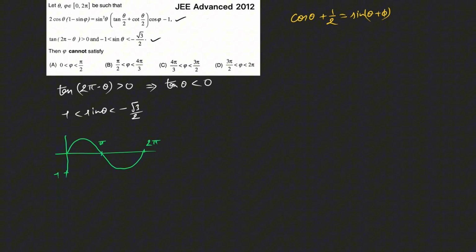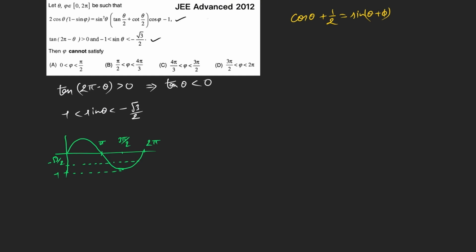So this is our sine theta between 0 to 2 pi. So we can draw a line corresponding to minus 1 and the corresponding angle is 3 pi by 2. And we can draw one more line for minus root 3 by 2. And it will cut the graph at 2 points. But we have to only select that theta which will give tan theta less than 0.